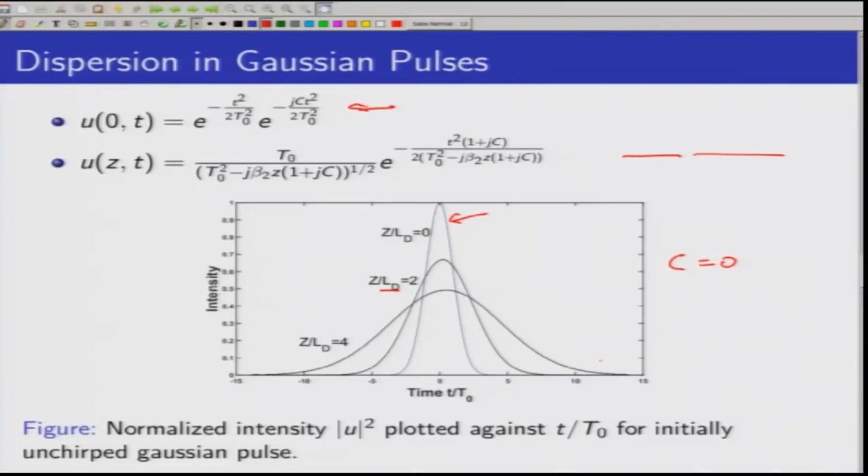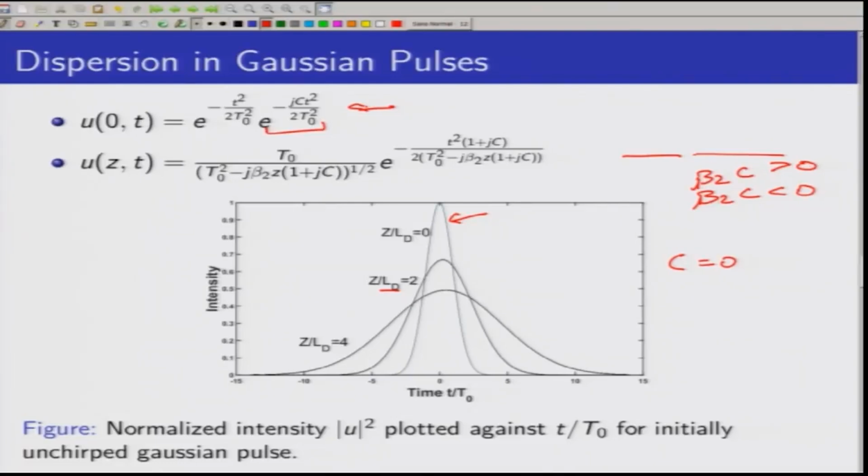If the pulse is initially unchirped, the dispersion induced chirp is linear. We can see the instantaneous frequency would come out to be linear over a time scale. However, if we have some chirping, then things get interesting, because then we have to see whether beta 2 c is greater than 0 or less than 0. If beta 2 c is greater than 0, we still have a monotonically increasing chirp parameter, and the pulse will still broaden.